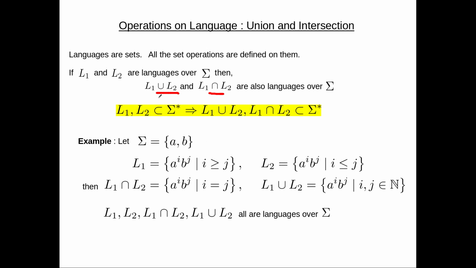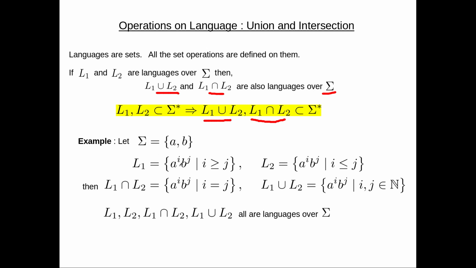And if these languages are over this alphabet Σ, then you can see from the definition that these unions and intersections are also sets of strings over Σ. So yes, they are languages over Σ.